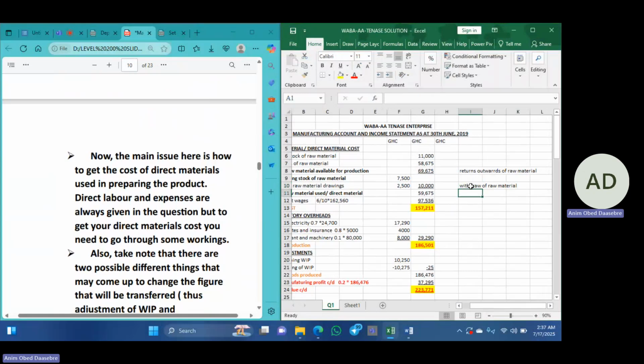And then the last one is what? Carriage inwards of raw material.